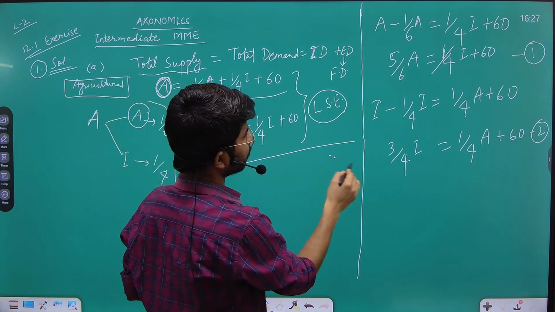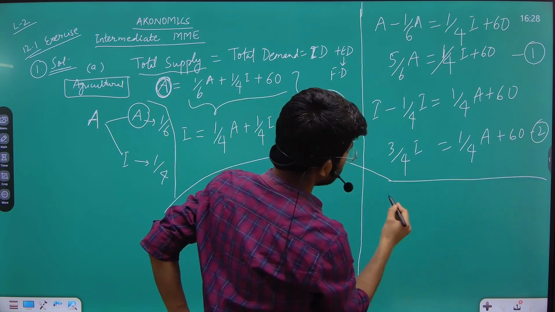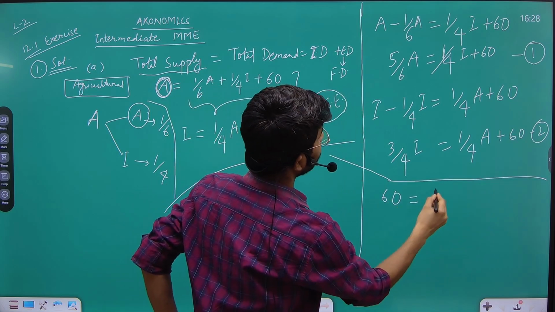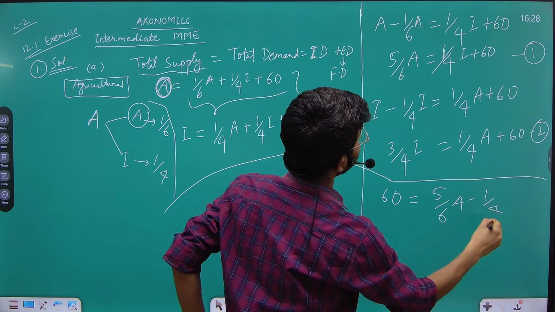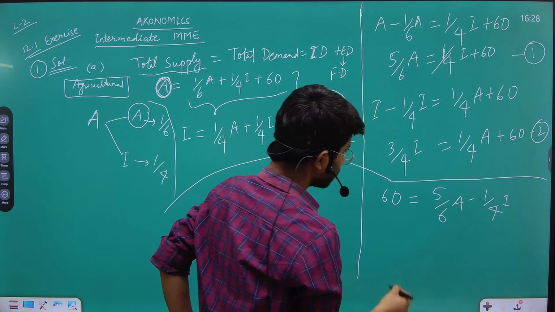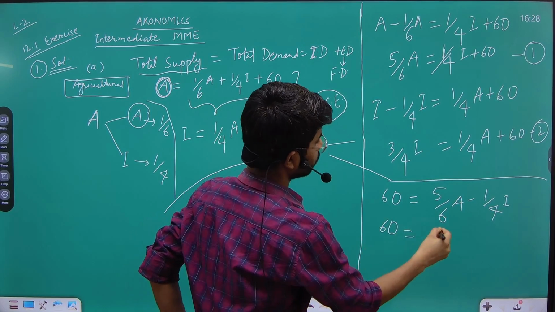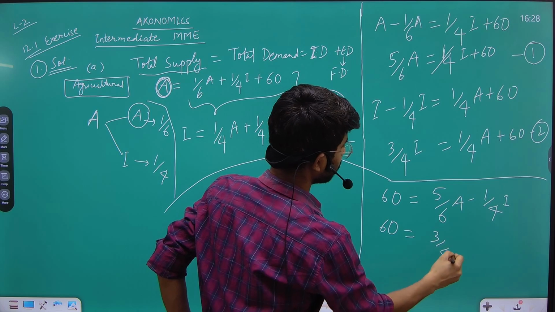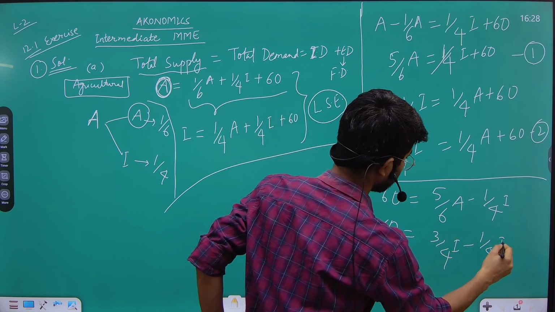So if you look at the first equation, you will have 60 equal to 5/6 A minus 1/4 I. Similarly, in the second equation, you have 60 equal to 3/4 I minus 1/4 A.